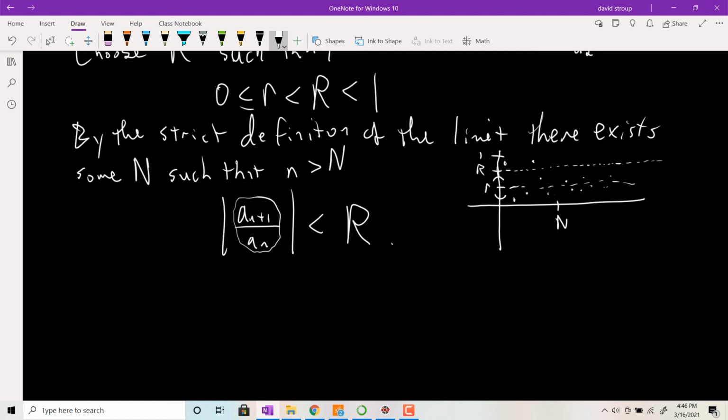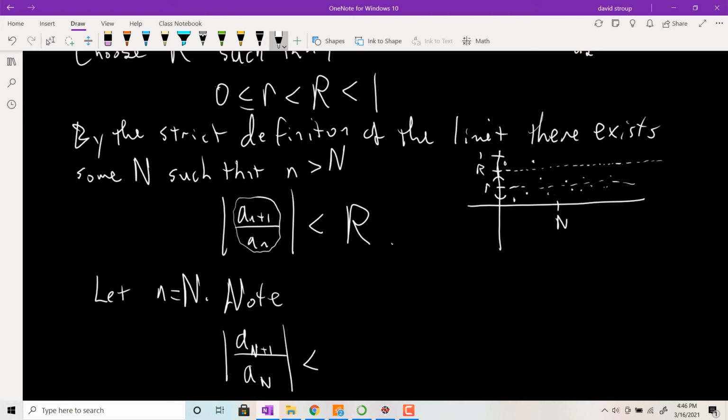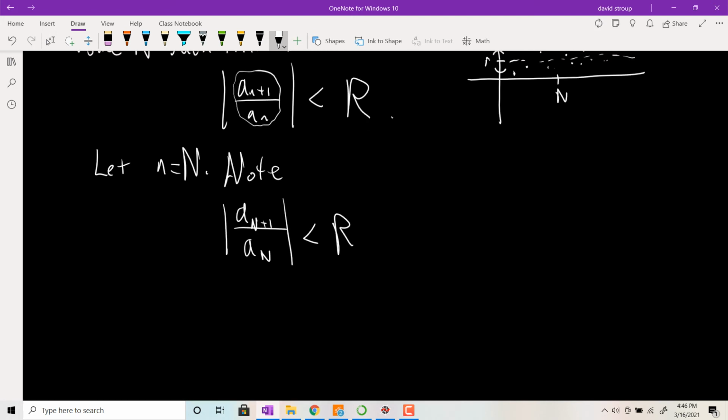From this statement, we can multiply both sides by a sub n, and we're going to start with big N. So we'll let n equal big N. Because all n bigger than big N will fulfill this inequality, we could say that a sub big N plus 1 all over a sub big N is less than R, and then we can multiply both sides by the absolute value of a sub big N, and we get this inequality: the absolute value of a sub big N plus 1 will be less than R times the absolute value of a sub big N.